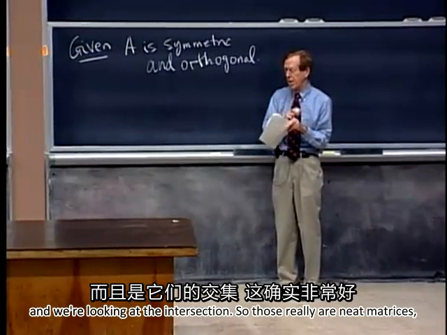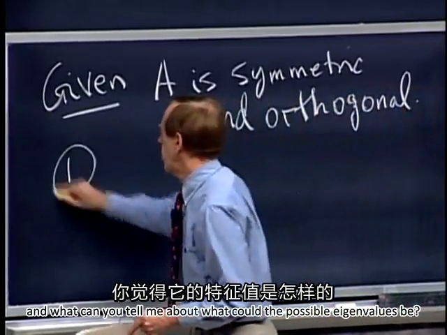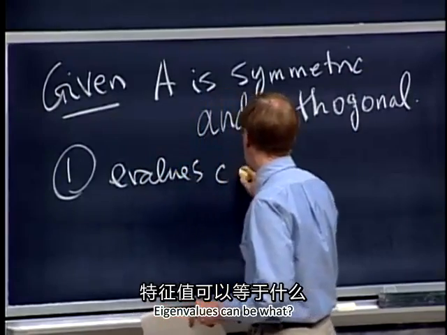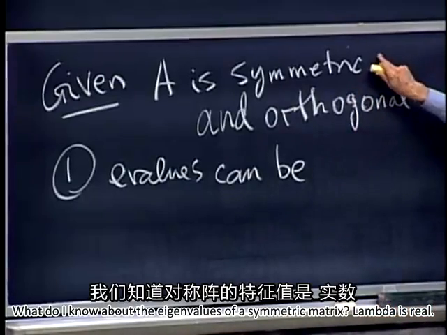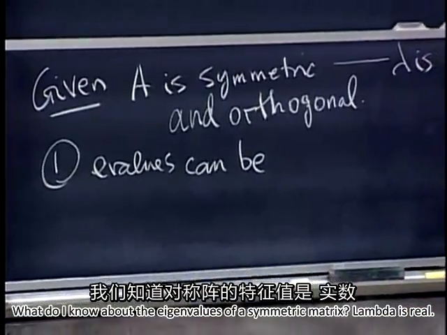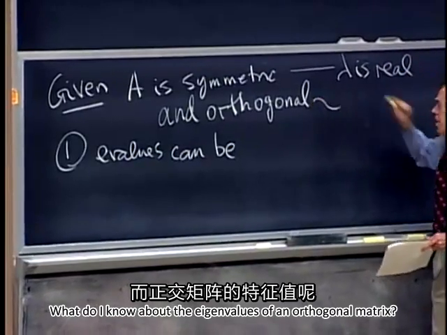So those really are neat matrices. And what could the possible eigenvalues be? What do I know about the eigenvalues of a symmetric matrix? Lambda is real. What do I know about the eigenvalues of an orthogonal matrix?